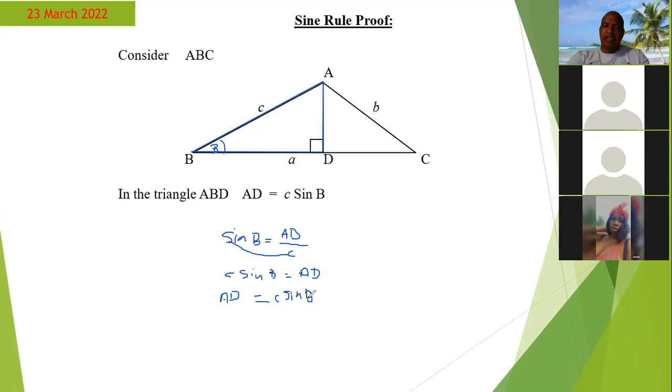All right, so everybody should see that because we have been working with these trig ratios for a while. If everybody sees that, then you should be able to appreciate how we get AD.